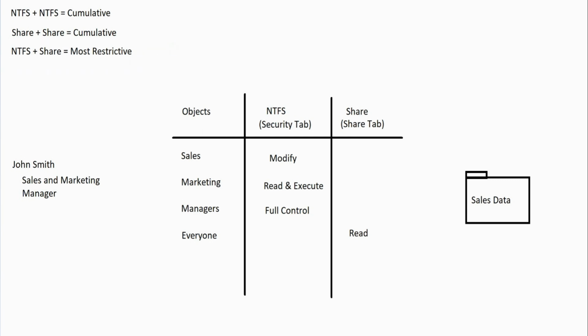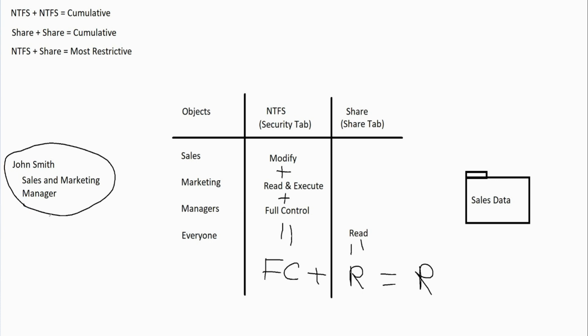All right, so think about it. Let's kind of work our way through here. We're going to work this rule out first. So modify plus read and execute plus full control, you're going to get full control, and then of course read. And now let's add this up. Most restrictive, full control plus read equals read. So basically, if John Smith connects across the network into the shared folder here, he's going to get read.